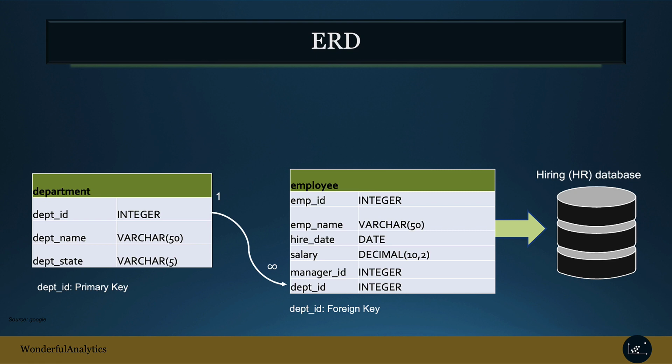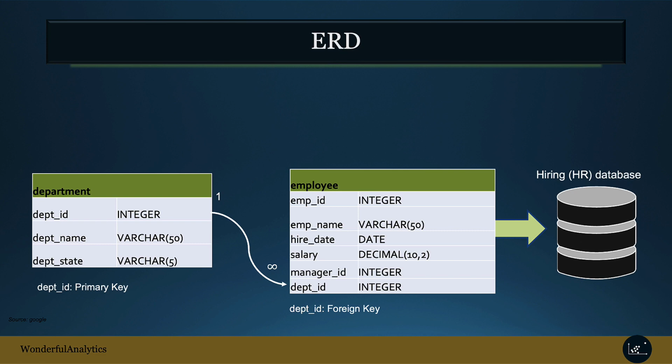Here, department ID is a primary key in the department table, whereas it is a foreign key in the employee table. PK, also known as the primary key, is a column in a table whose values are unique, and a foreign key is a column or columns in a table whose values correspond to the primary key in another table.